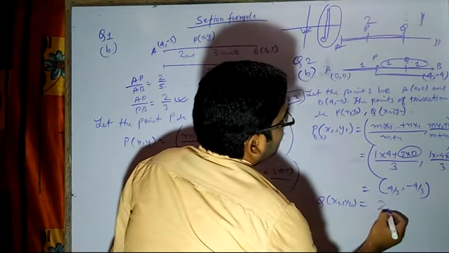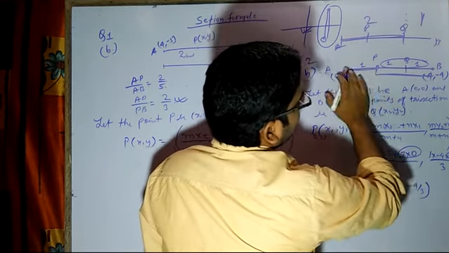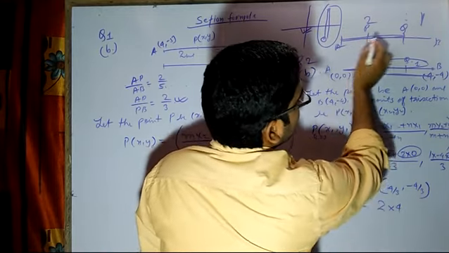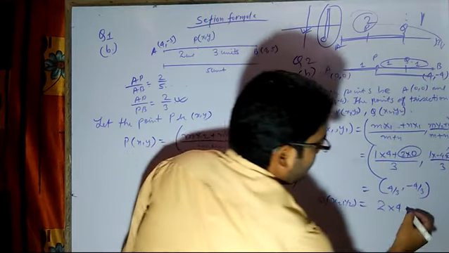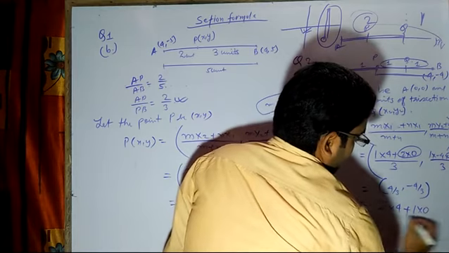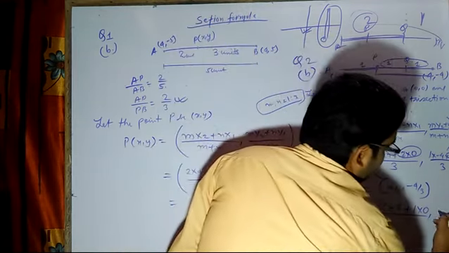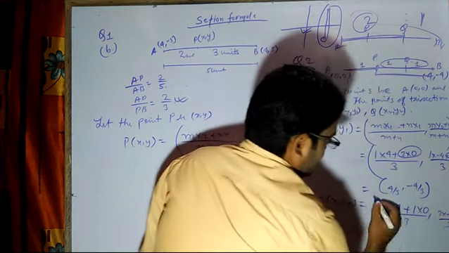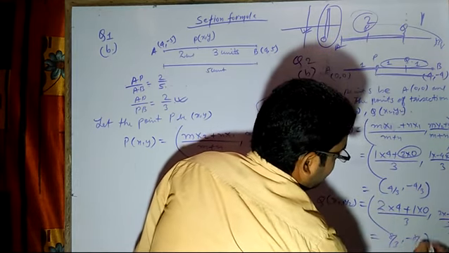So you can write 2 into 4, the x axis part, plus 1 into 0 by 3, comma, 2 into the y part, that is 2 into minus of 4 plus 1 into 0 by 3 again. So you will be having 8 by 3 and minus of 8 by 3.